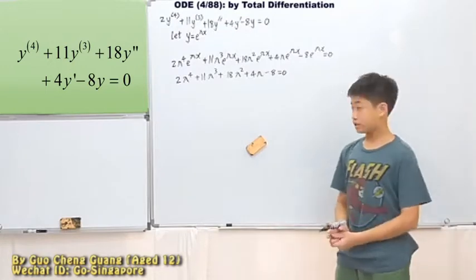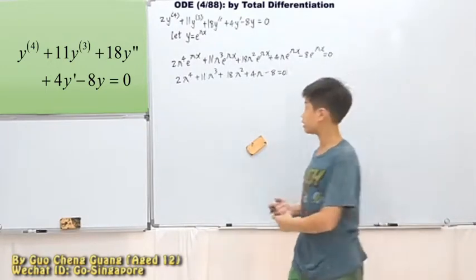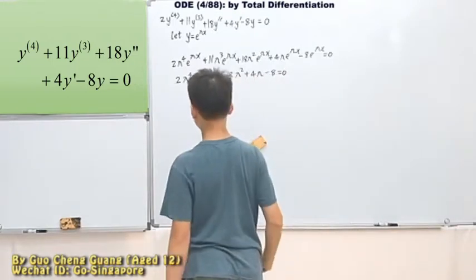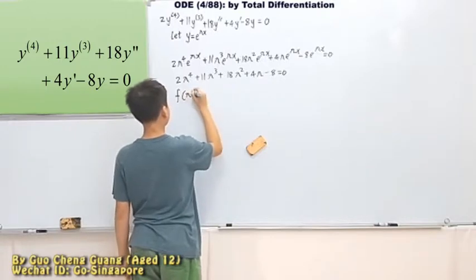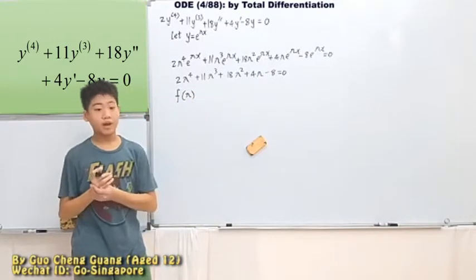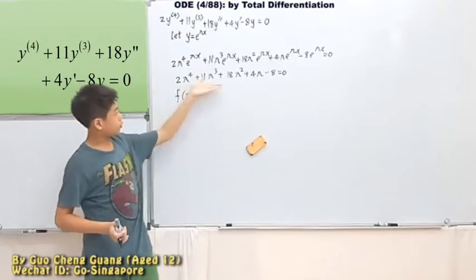So what you get is like this. But from this part, we want to factorize it. Now, how can we factorize this? Firstly, we'll use the factor theorem. So we can just write that as f of lambda equals this whole thing.